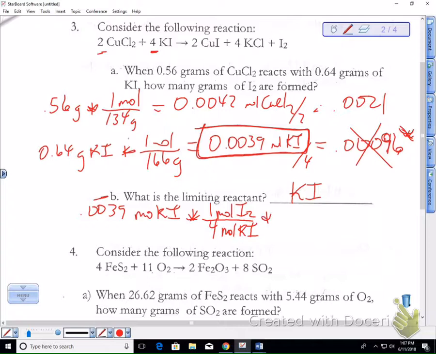And then we can go ahead and multiply by the molar mass of iodine, which is, from the periodic table, times 2 to 254 grams of iodine per mole. So doing all the math to work this out, we get 0.24 grams of iodine. And that is, of course, the theoretical yield.